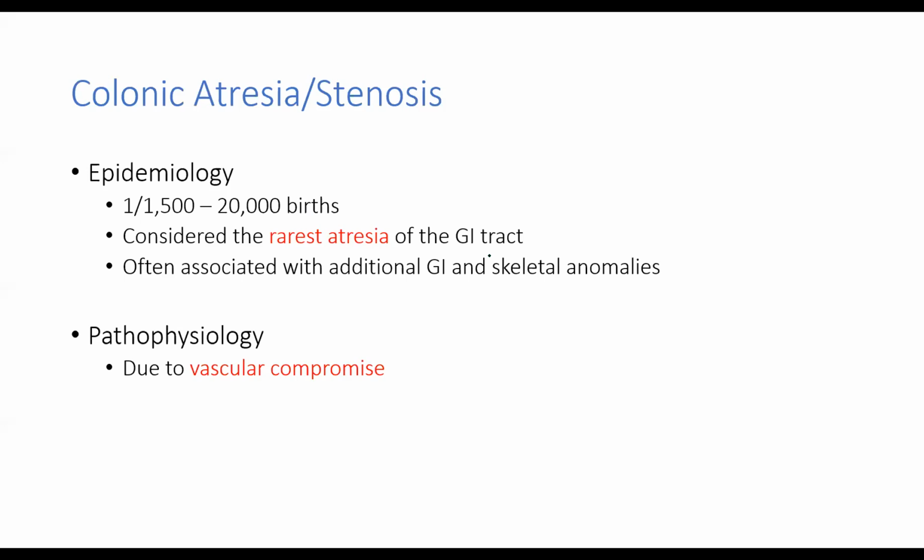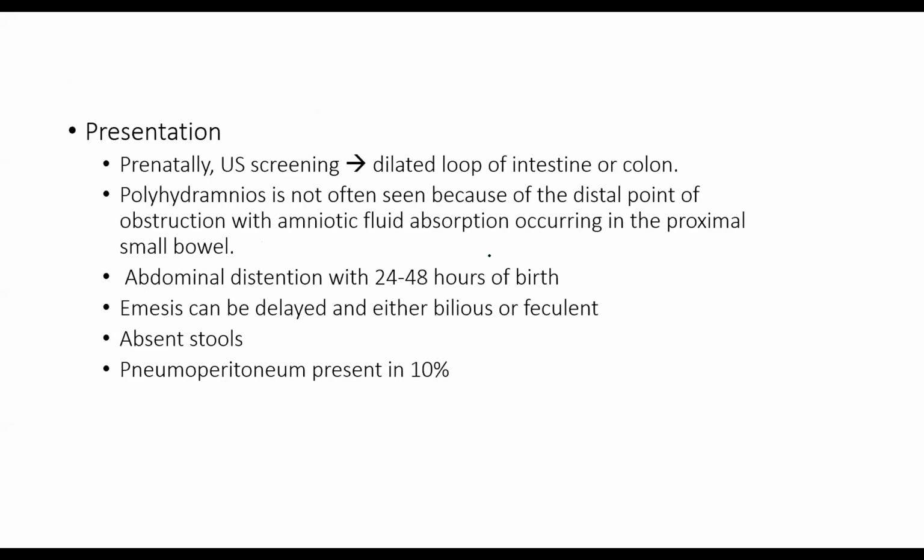The pathophysiology is similar to ileal atresia or jejunal atresia or jejunoileal. It's also related to a vascular accident, the blood vessel or vascular supply to the colon. Presentation, usually they present with dilated loops, non-specific. As I said here, because of the distal obstruction, polyhydramnios is not often present.